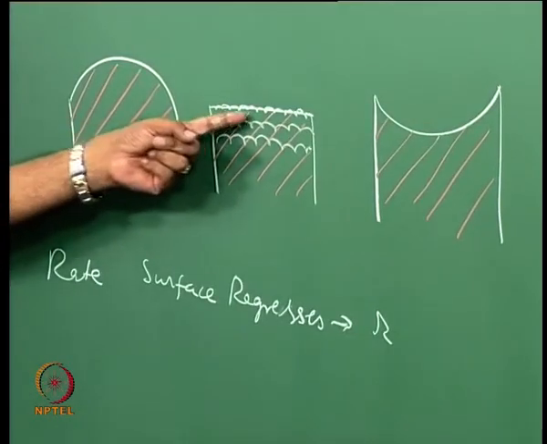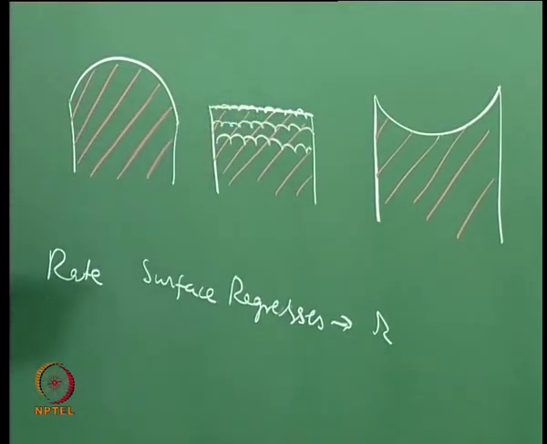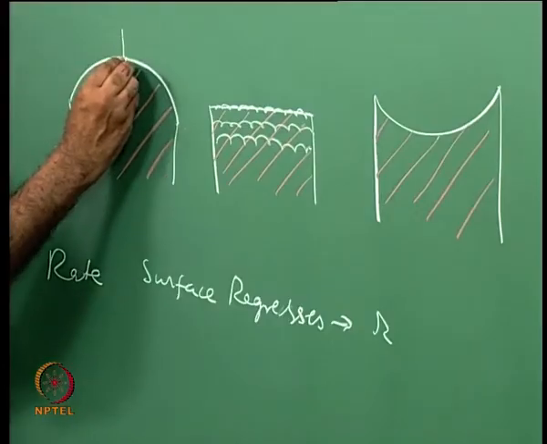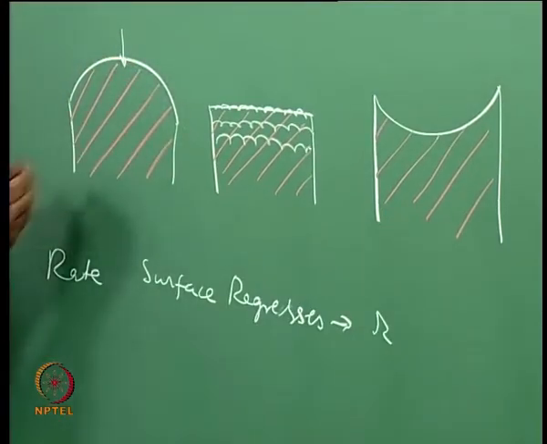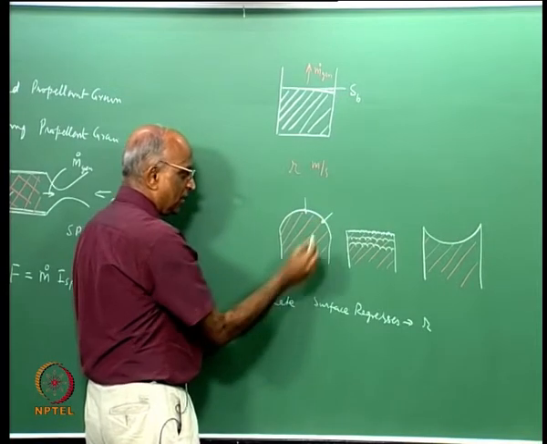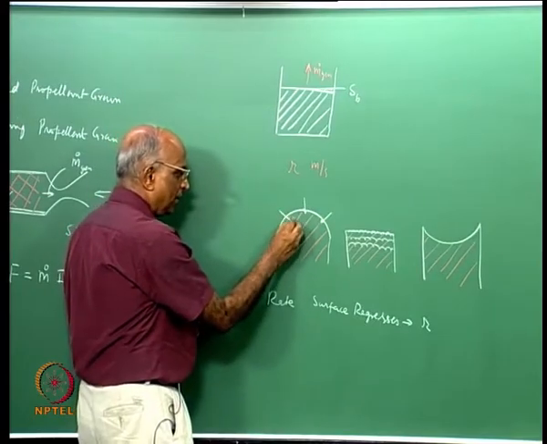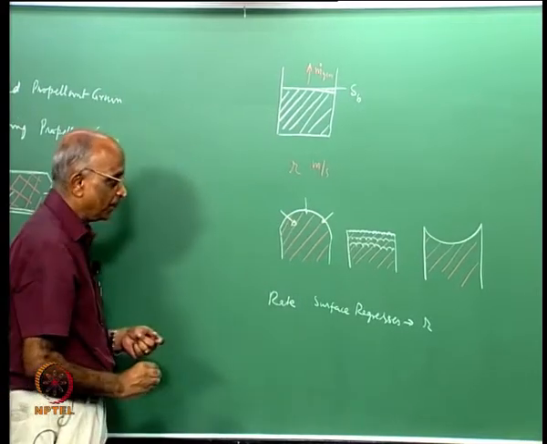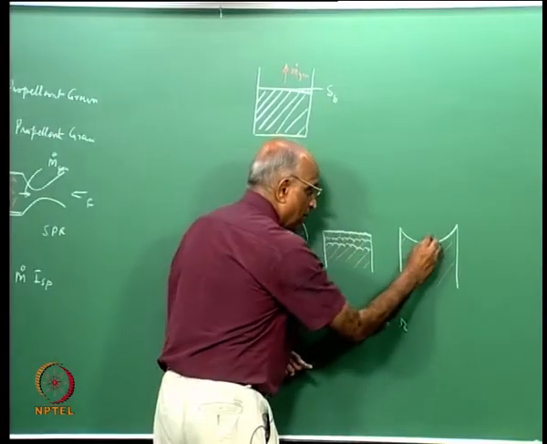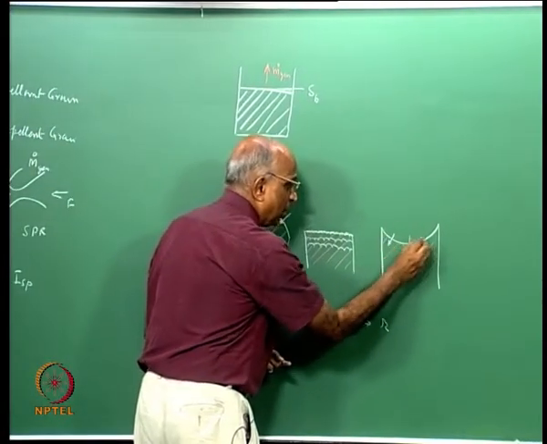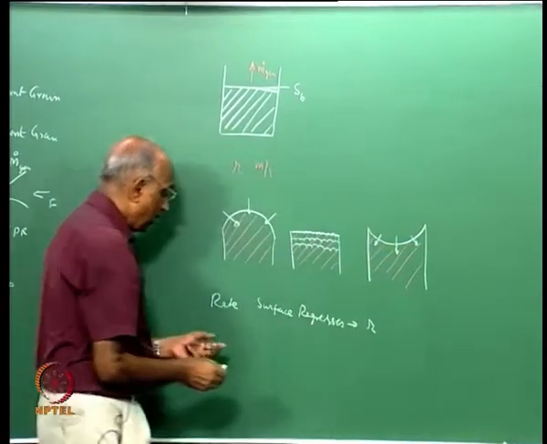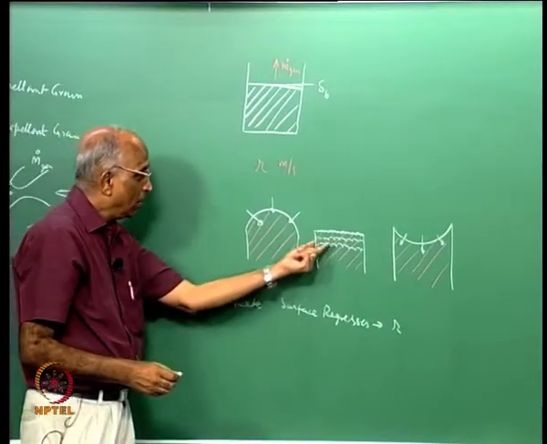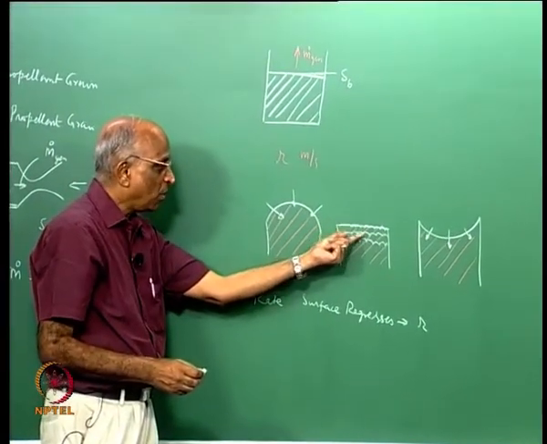But it must be normal to the surface, and that is why I made these drawings. Over here the surface regresses in this direction, over here in this direction, and over here in this direction. The direction normal to the surface is what constitutes the burning, therefore we define the burning rate as normal to the surface.